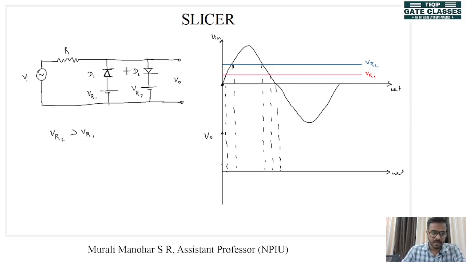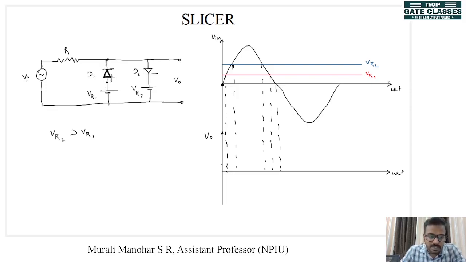Now we know that the diode D1, its anode is connected to VR1. So until the input voltage reaches VR1, this diode will be turned on, right? That means until this voltage becomes equal to or just greater than VR1, this diode will be turned on because the anode voltage is more than the cathode voltage.